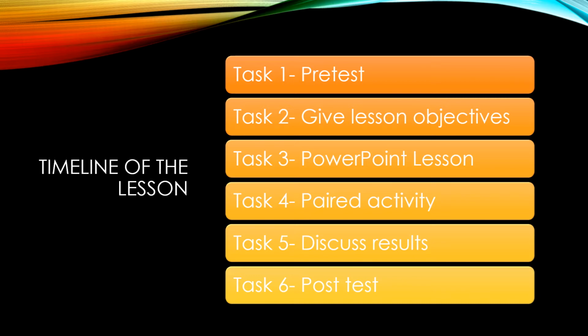And then they were paired for the activity. And they had 10 minutes to do the activity, but it did take up to 25 minutes. And then on task 5, they discussed the results, which took over 40 minutes because they just kept talking. And task 6 was the post-test, and they got 10 minutes to do the test.